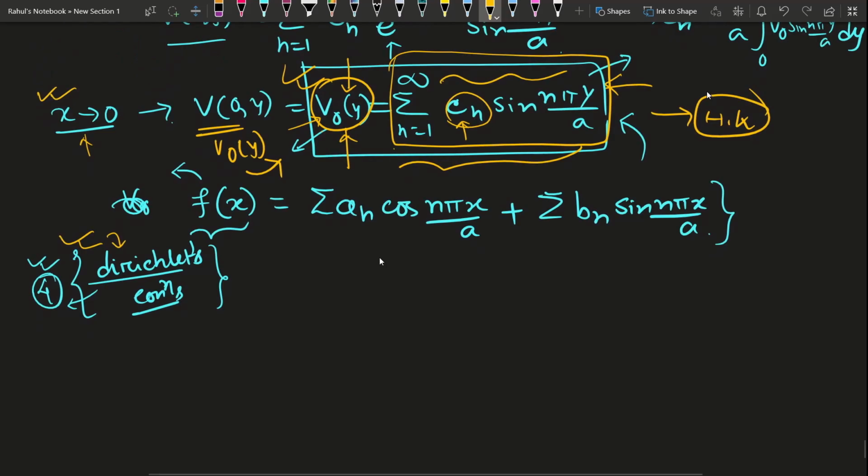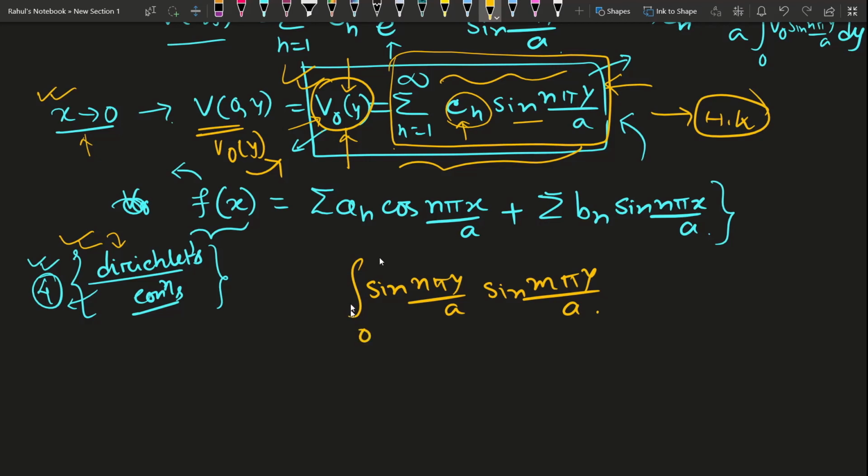What we have to do is multiply both sides with sine of n pi y over a into sine of, suppose, m pi y over a. If we integrate this over 0 to a dy, then this will take value 0 when m is not equal to n.